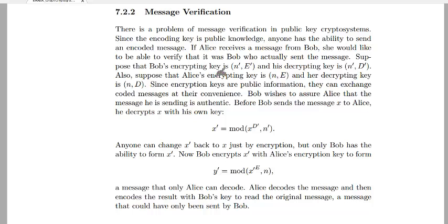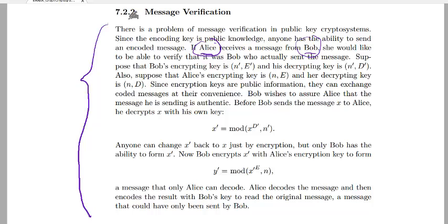All right, this section I'm not going to talk about in detail, but suppose that you have 2 people communicating, Alice and Bob, and Alice wants to make sure the message actually came from Bob. In this RSA system that we've been talking about, the recipient who has the secret key can't tell who actually sent the message.